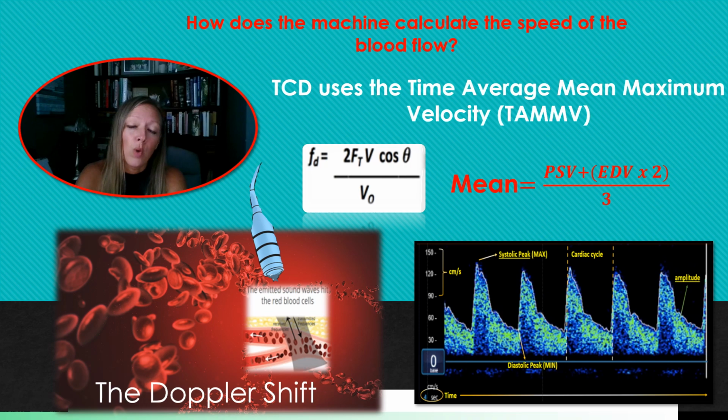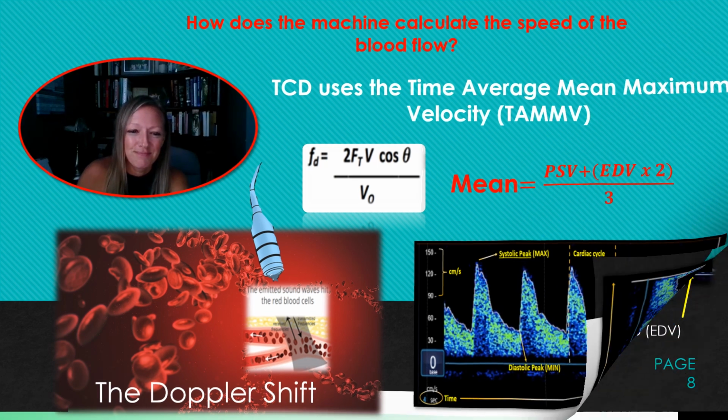The envelope, or white line over the top of the waveform, is calculating this time average mean maximum velocity. The equation for the mean is the peak plus the end diastolic times 2, divided by 3. And for the physics lovers, the Doppler shift equation is provided in the center of the screen.